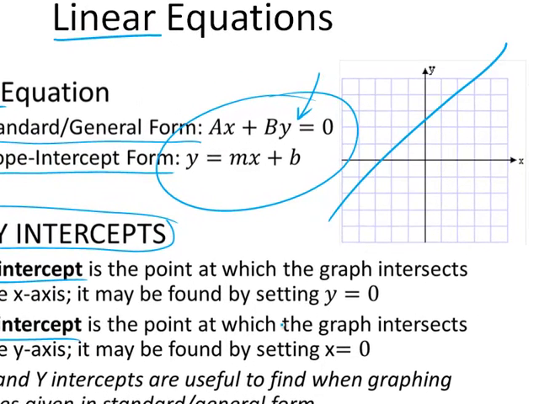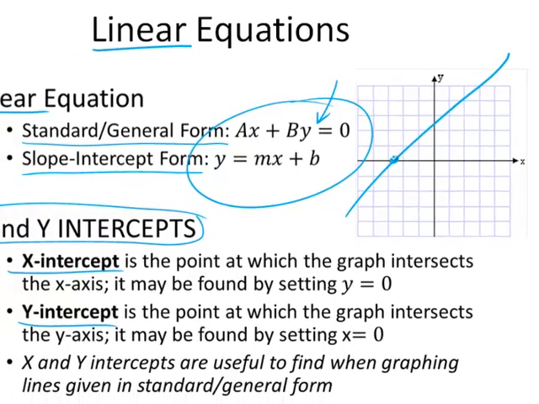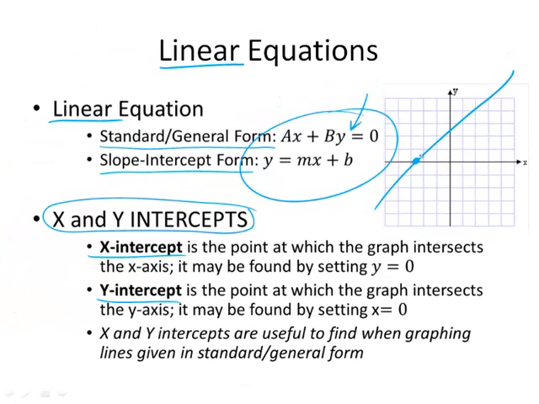Say you had a random line, totally random. The x-intercept is the point at which the graph intersects the x-axis, right there. So that's the x-intercept. And the point at which the graph intersects the y-axis is the y-intercept.